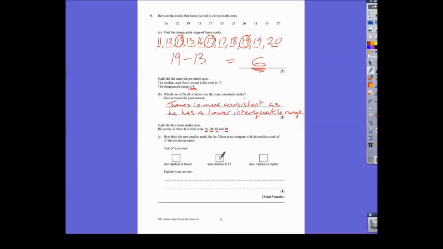So actually the new median is still going to be 17, it's going to stay the same. To explain our answer, he's got 2 scores less than 17 and 2 scores more than 17. Keep 17 in the middle.